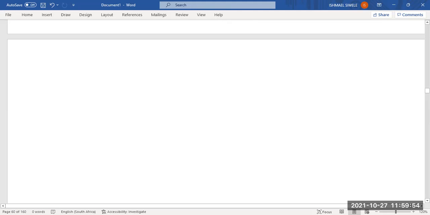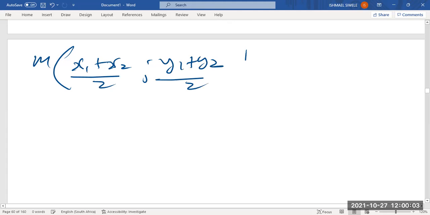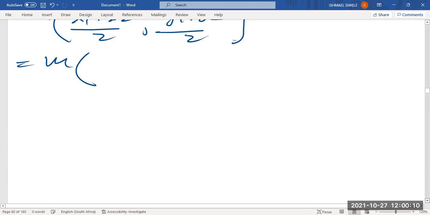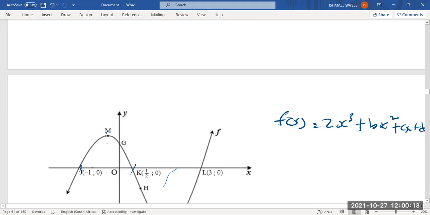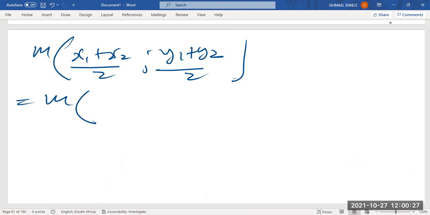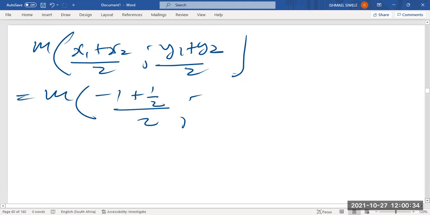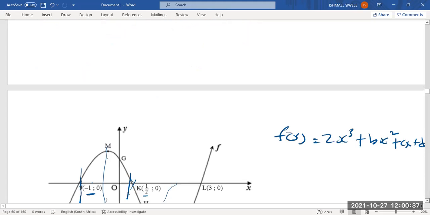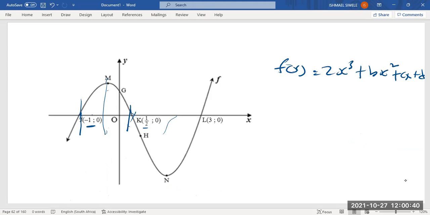So I'm saying the point M is a midpoint, so I have x1 plus x2 over 2, and y1 plus y2 over 2, and this is M. I'm going to have negative 1 here and 1 over 2, so I'm going to add negative 1 plus 1 over 2, all over 2. And for the y, this is 0, and also this one is 0.